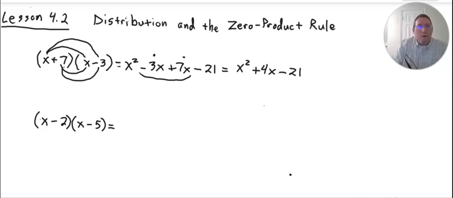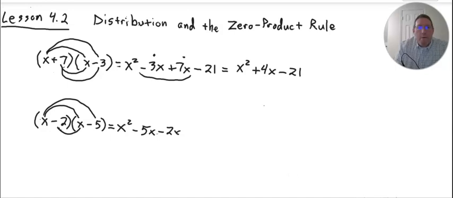Okay. Now we're going to do the exact same thing here for x minus 2 and x minus 5. X times x is x squared. X times negative 5 is minus 5x. Negative 2 times x is minus 2x. And then negative 2 times negative 5 is plus 10, because a negative times a negative is a positive.